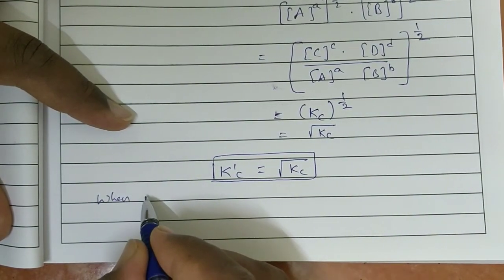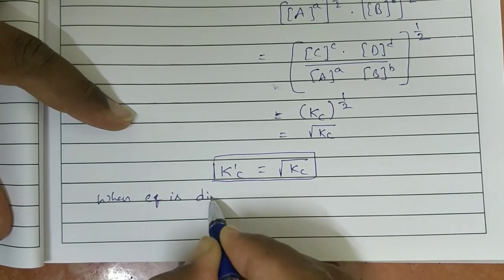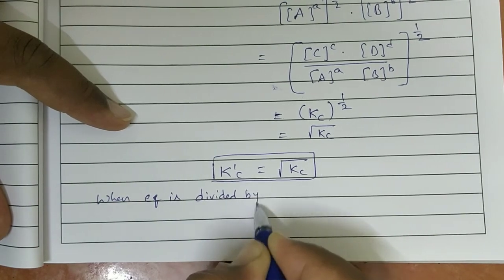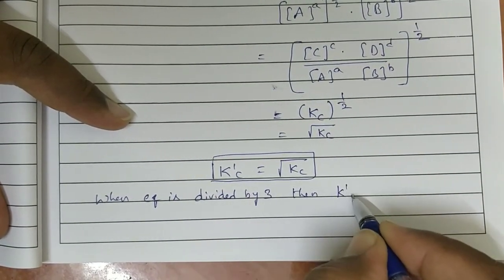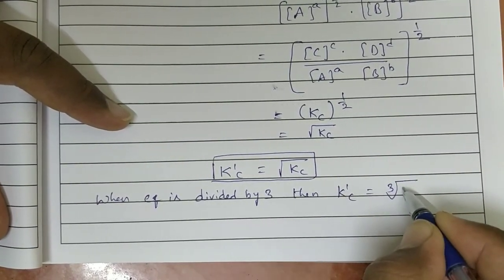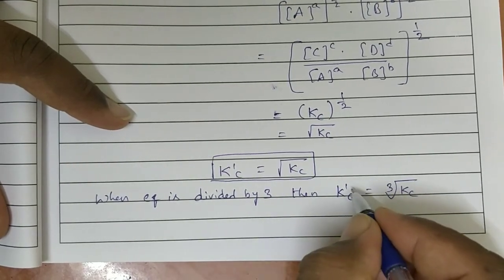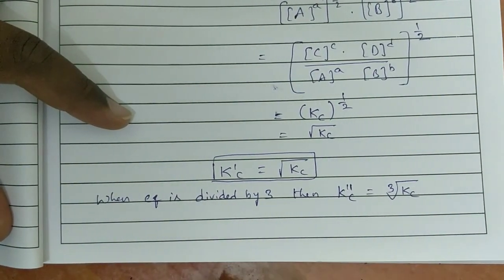When the whole equation is divided by 3, then K dash C is equal to cube root of Kc.